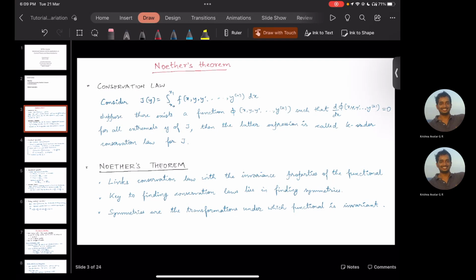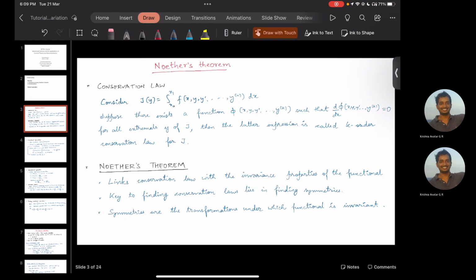and let's first review the meaning of a conservation law. Mathematically, say we have a functional J of y, expressed as the integrand f, whose arguments are x, y, y prime, till the nth derivative of y. This integrand is integrated over the domain x0 to x1.